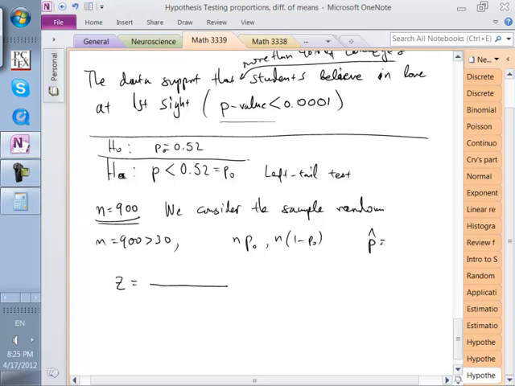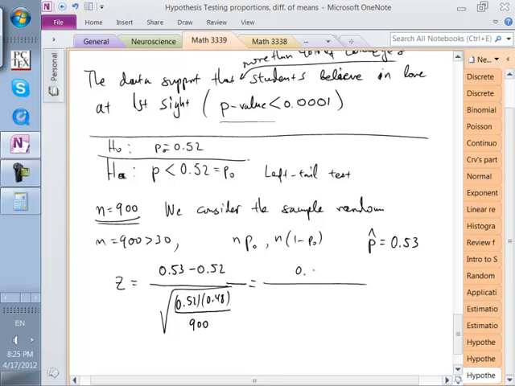So P hat here is 0.53. So we have 0.53 minus 0.52 divided by the square root of 0.52 times 1 minus 0.52 divided by 900.